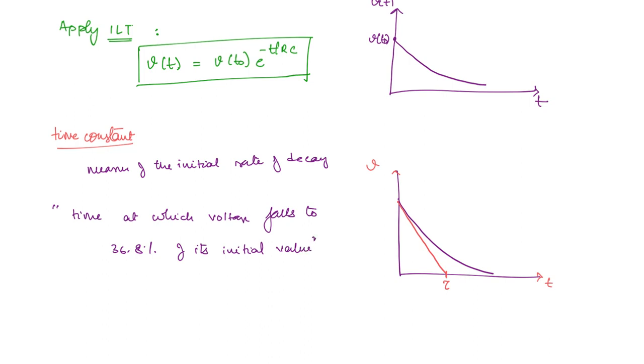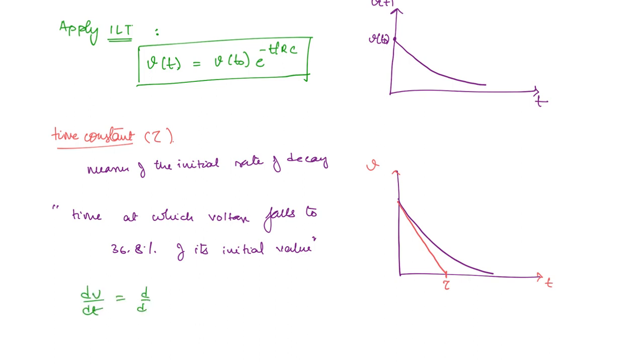So now we will see what is the mathematical expression of tau. Time constant we represent with tau. If you take the first definition, the measure of the initial rate of decay, what is dV by dt?